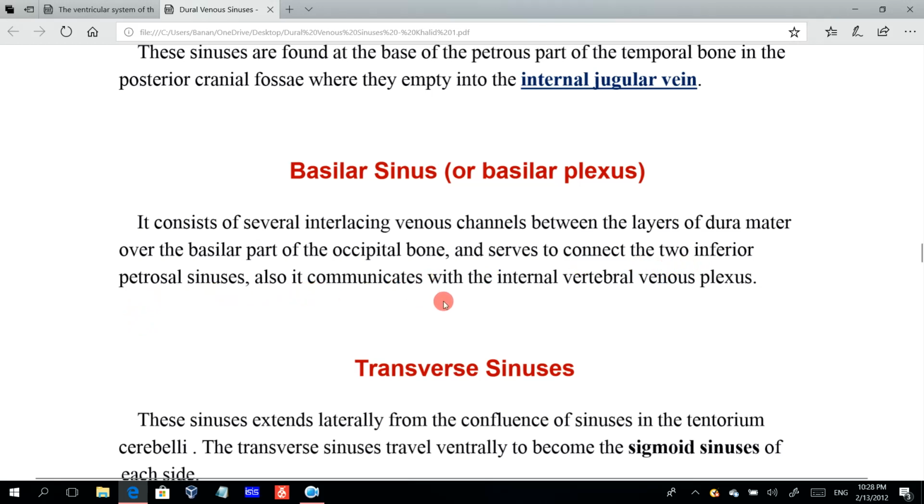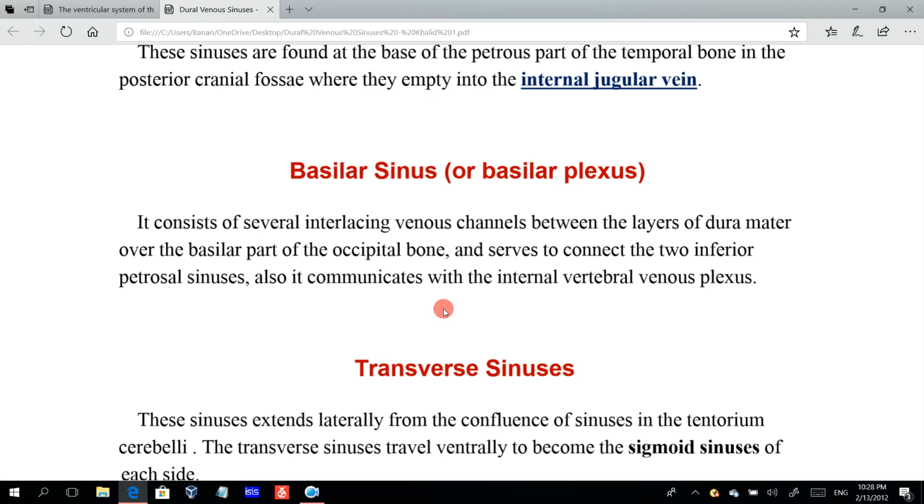Also, it communicates with the internal vertebral venous plexus. Of course, this basilar venous plexus, because it's close to the foramen magnum, has some connection and communication, as we said, with the inferior petrosal sinuses and then to the jugular vein.